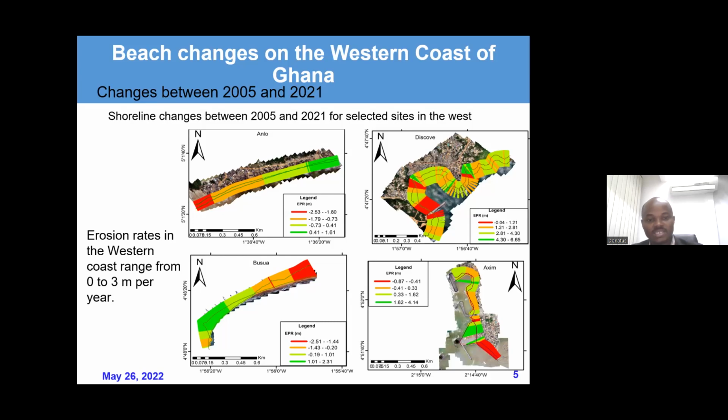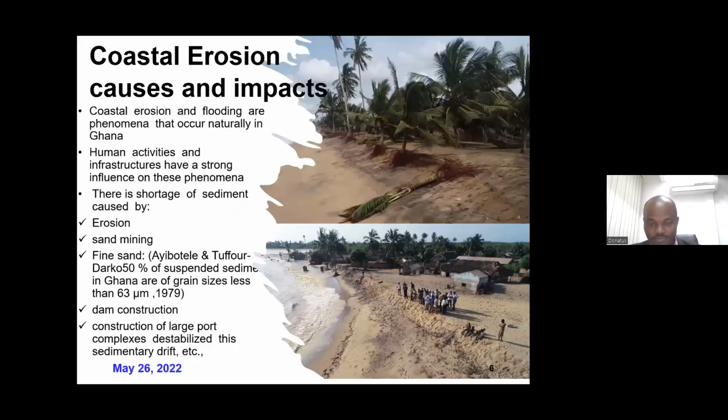And for example, at Angnuureng, this is a beach that is repeatedly dominated by erosion and flooding. And it is because of its settings. It has a very gentle pattern, and it's also a sandy beach as compared to this ACECoR and Discof that have some form of rocky characteristics. Next slide.